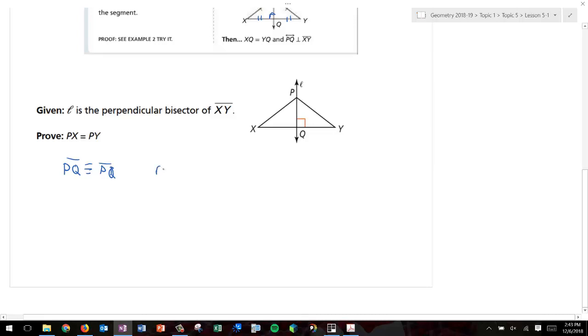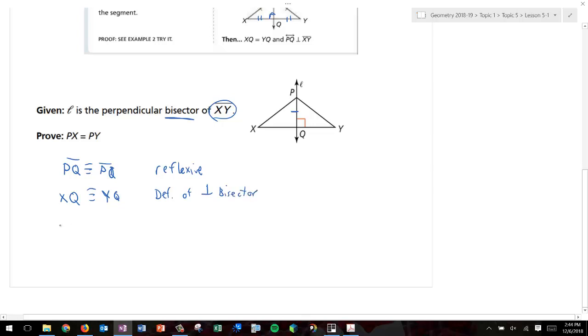That was our reflexive property. And if they told us that this is a bisector of XY, that tells me that XQ is congruent to YQ. And that's by the definition of a perpendicular bisector.